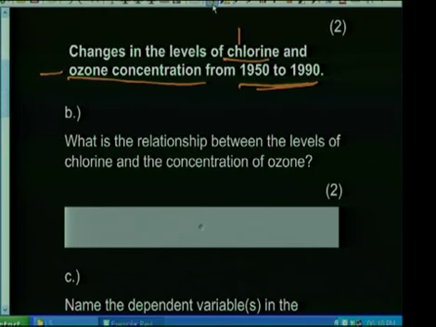The second says, what is the relationship between the levels of chlorine and concentration of ozone? Now, you've got to be very careful here, because it's not a straightforward relationship. You saw the graph. It didn't make one dip one way and one dip the other way.